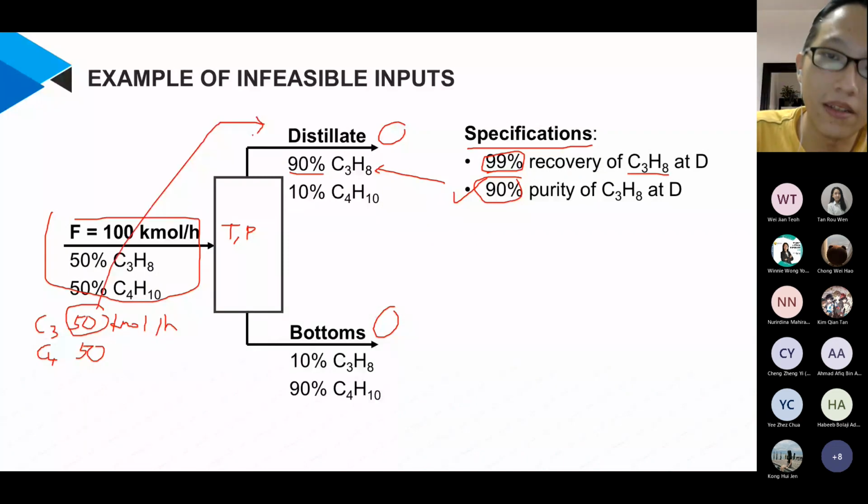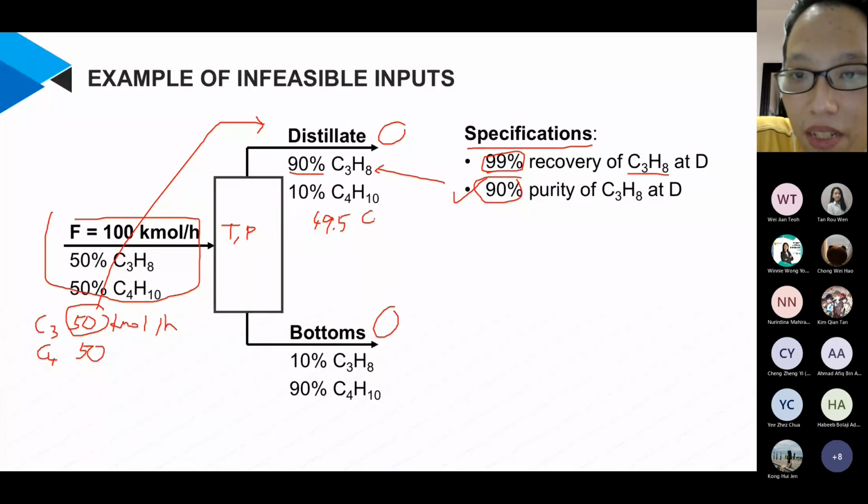So you can use a calculator and press run, and then you get 49.5 kilomole per hour of propane. So this is a unit kilomole per hour. And then this is a 10% purity, 10% mole fraction.